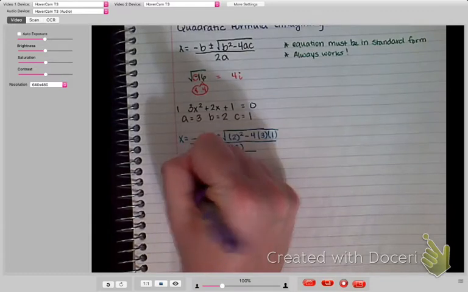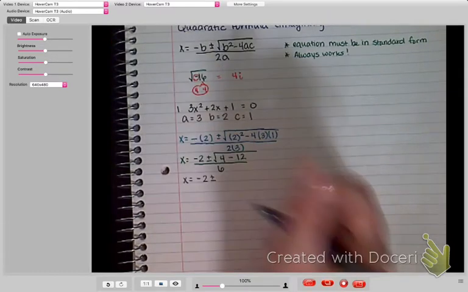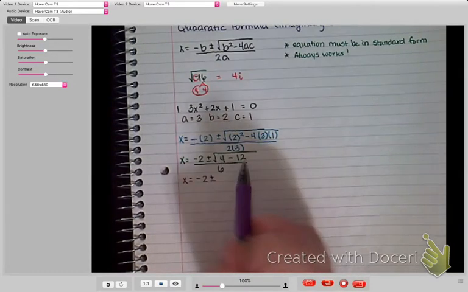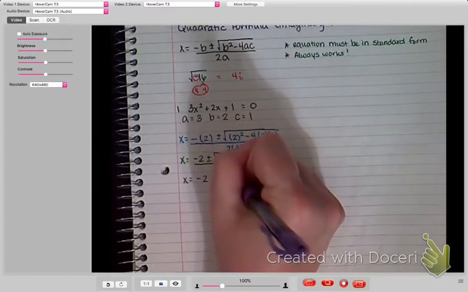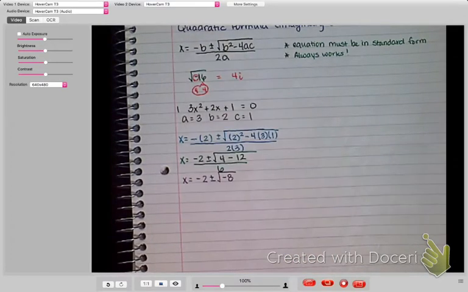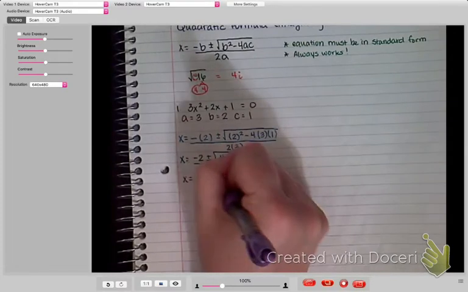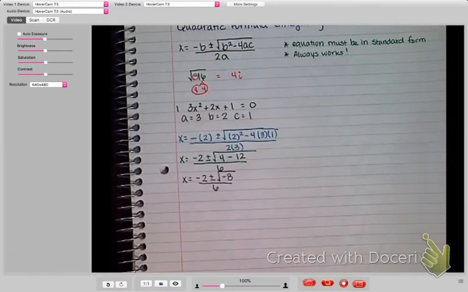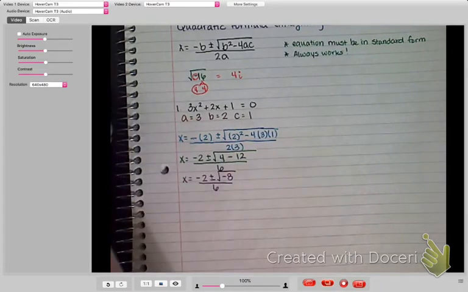Okay, keep simplifying. x equals negative 2 plus or minus. All right, so 4 minus 12 now is going to give me the square root of negative 8 all over 6. Okay. Now, just like in the last lesson when we had radicals, we still need to deal with the radicals.